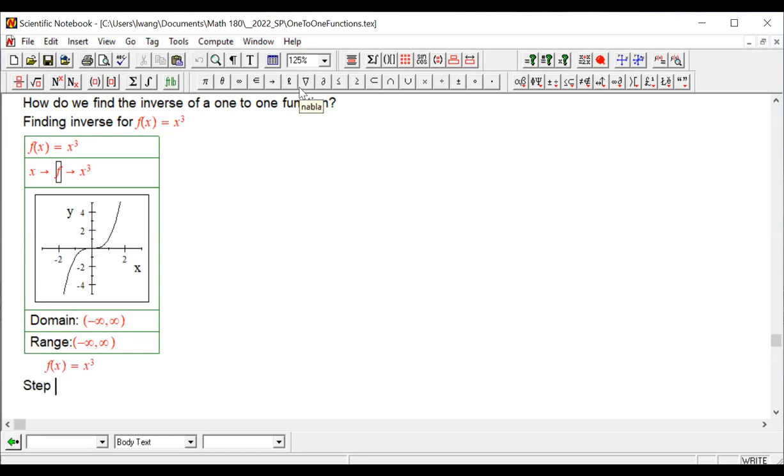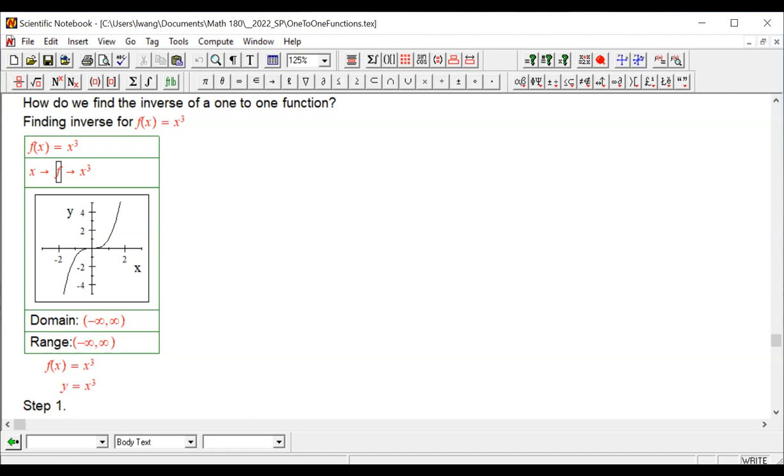Step 1, we rewrite this function as y equals x raised to the power 3. It's just a simple substitution.